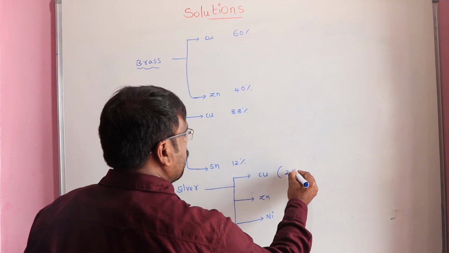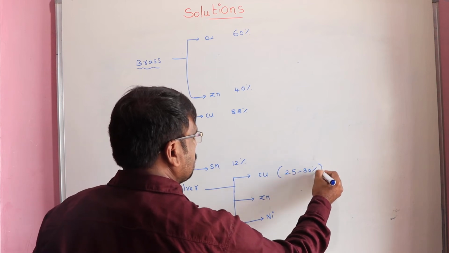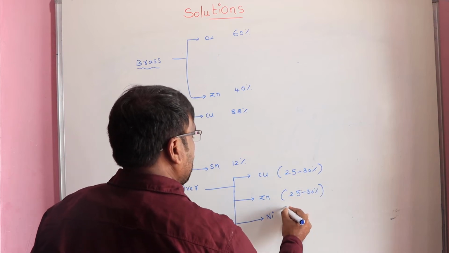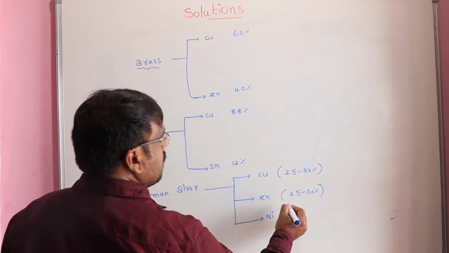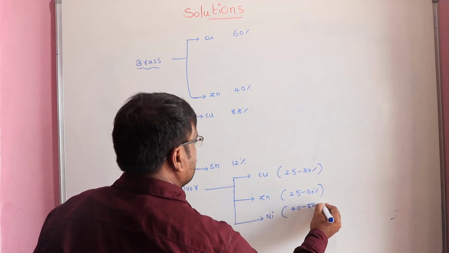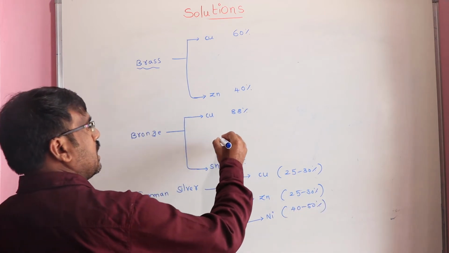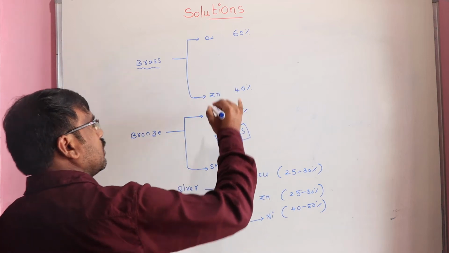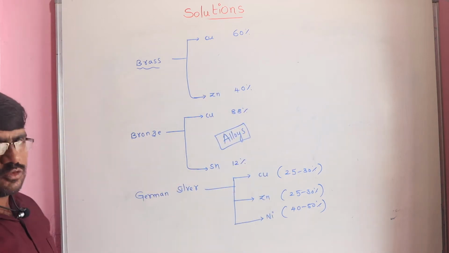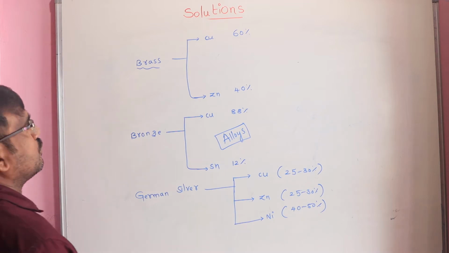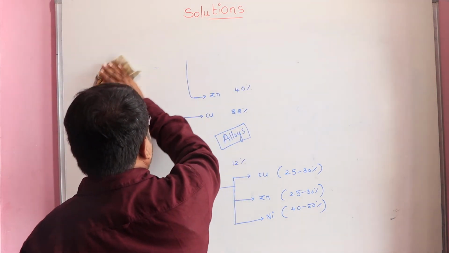Copper composition is 25 to 30%, zinc is the same 25 to 30%, and nickel composition is 40 to 50%. So that is about alloys and their composition. These alloys are also examples of solid type solutions.